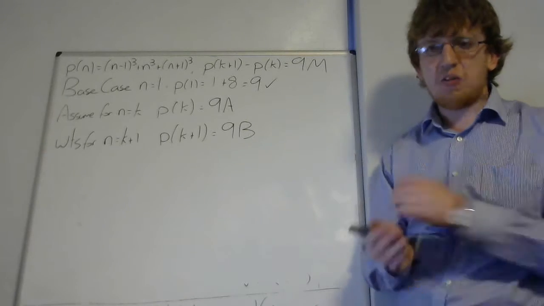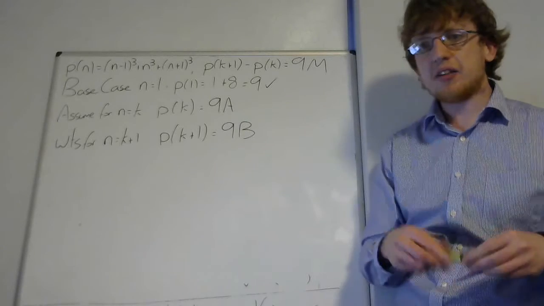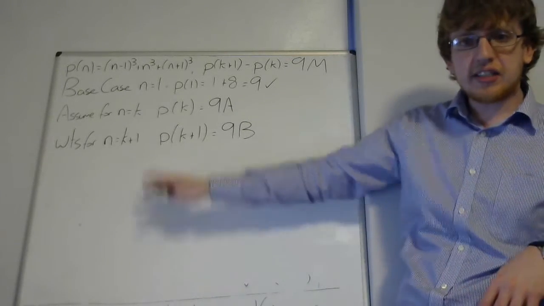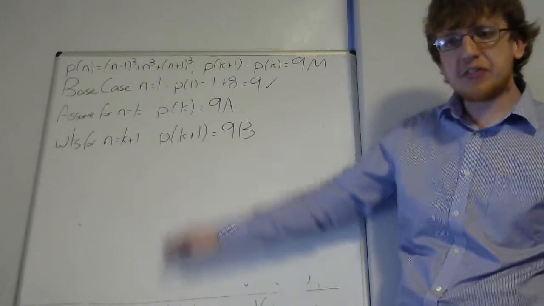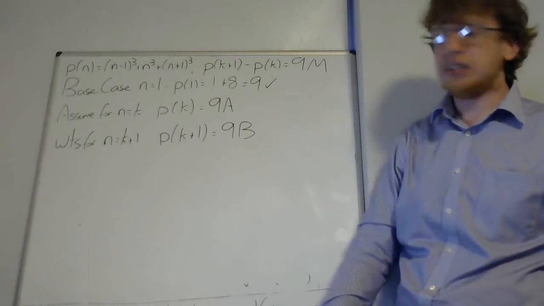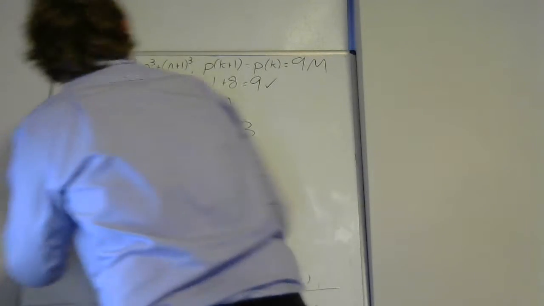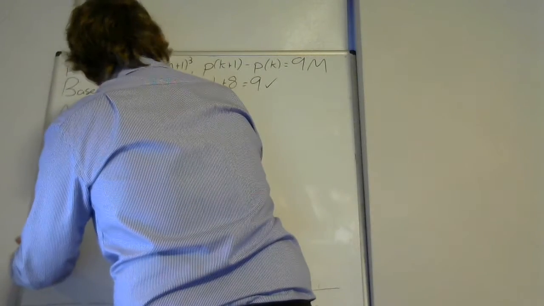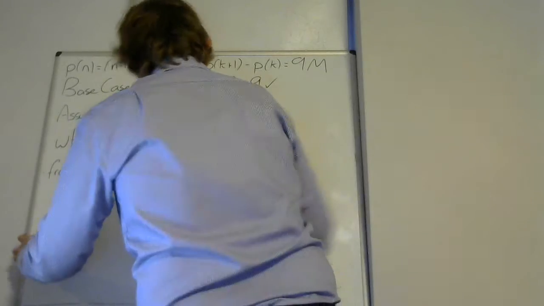So let's write that out. That's what you had to spot, now you need to get the marks. So, still, in our proof by induction, this is set out exactly how we would as a proof by induction. We're just doing this inductive step a little bit differently to how it's normally done. So from A part 1, P of k plus 1 minus P of k is equal to 9m.